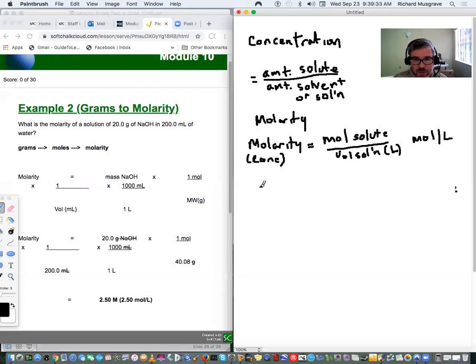We can rearrange this and we can say that the moles of a solute will be the molarity times the volume of solution in liters.